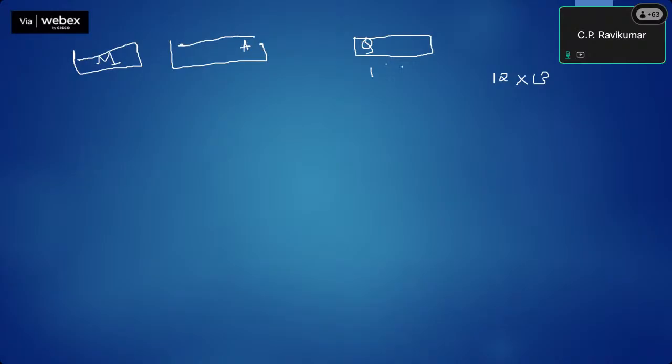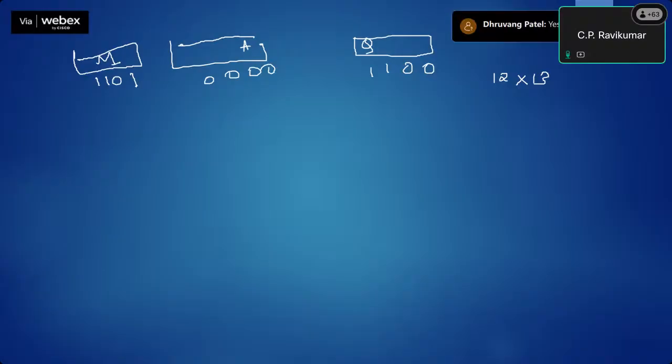So 12 is 1100, and A is initially 0000, and the multiplicand is 13. Is that clear? How did we load? We just loaded the multiplicand in M, accumulator is 0, and multiplier is loaded.